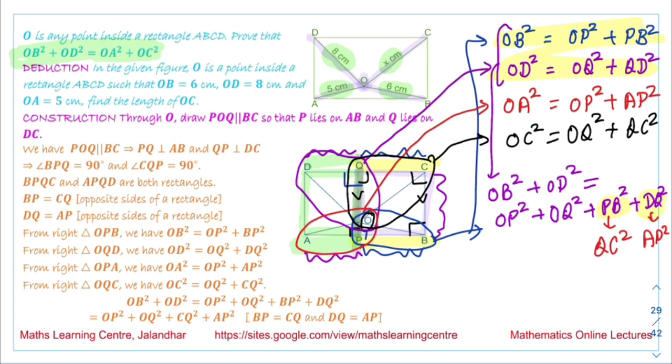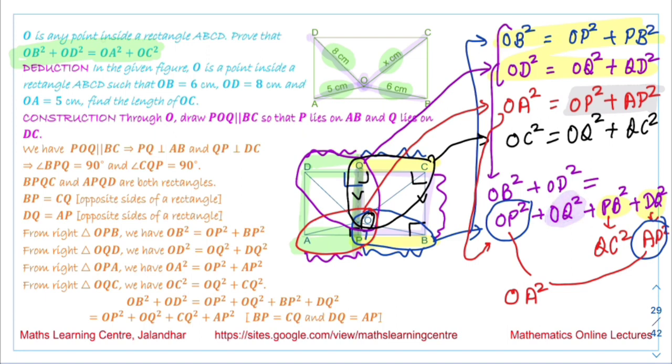Now look at these values over here. We are talking about OP square plus AP square. Look at this third equation over here, OP square plus AP square. In place of these two values we can write OA square. Similarly, we have OQ square plus QC square, and in place of these two values we can write OC square.